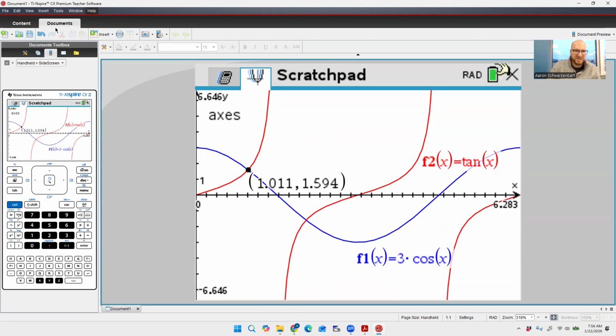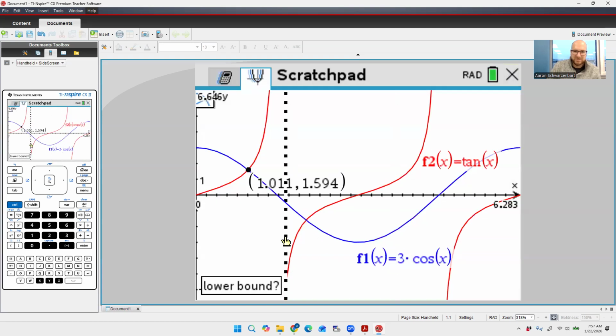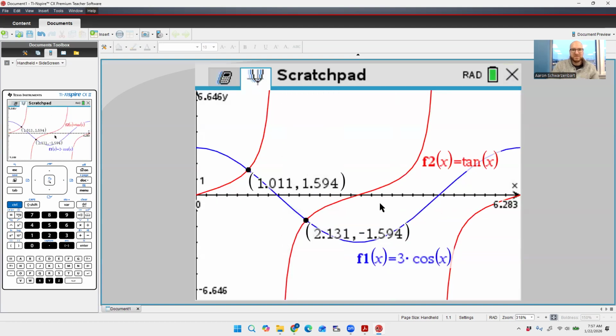So it was asking about x, so all I needed for my answers are my x coordinates. But I should probably get my other one. 2.131. Okay, and that is the end. So this is useless. That is the end of section 3.8.